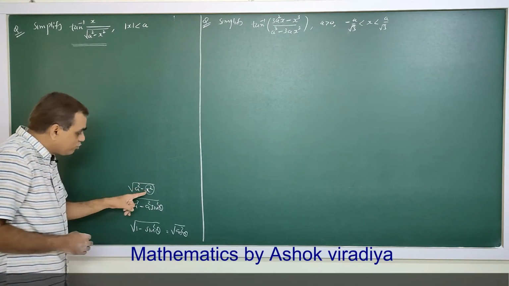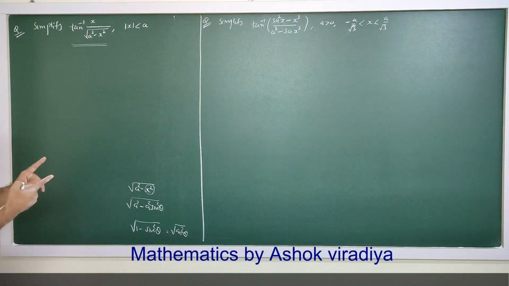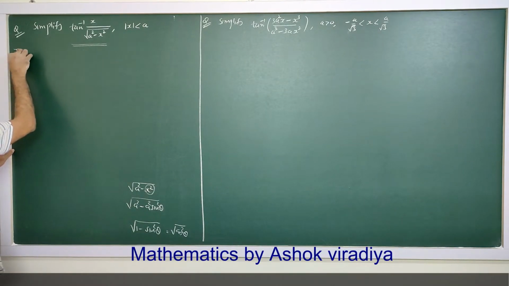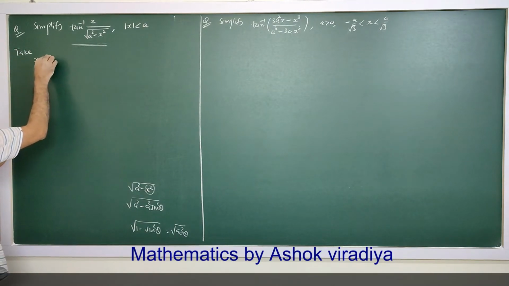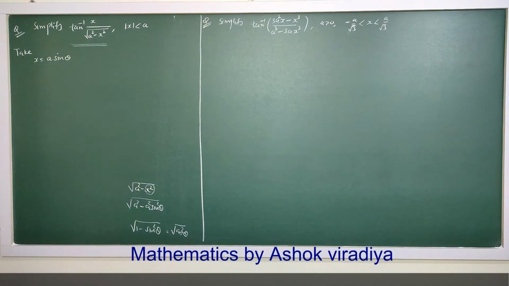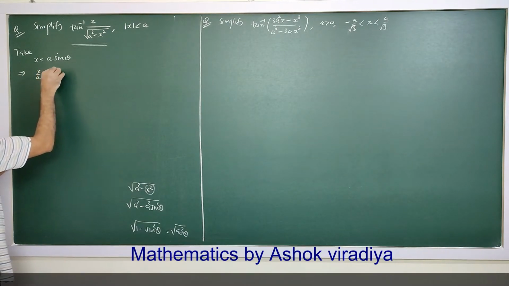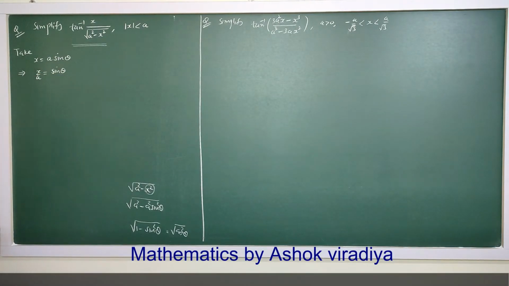So we substitute x equal to a sine theta. X equal to a sine theta means x by a equals sine theta. That means x by a is sine theta.